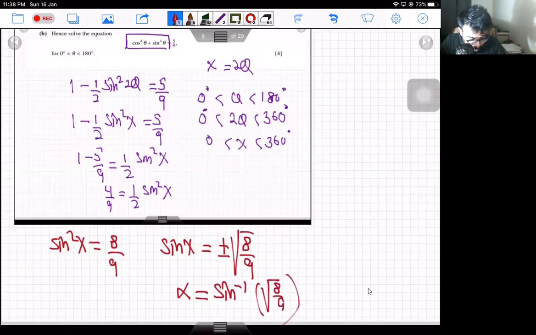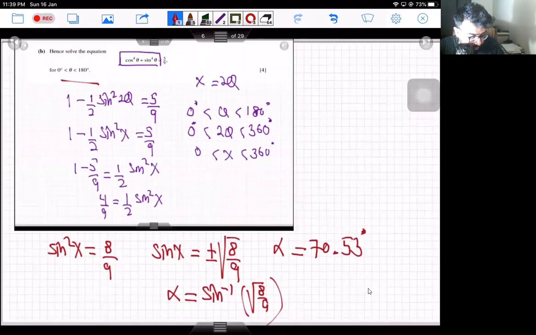Our requirement is in degree mode, so convert your calculator to degree mode. So sine inverse under root of 8/9. The value of alpha is 70.53, correct to 2 decimal places. Always take the basic angle correct to 2 decimal places. 70.53 degrees.